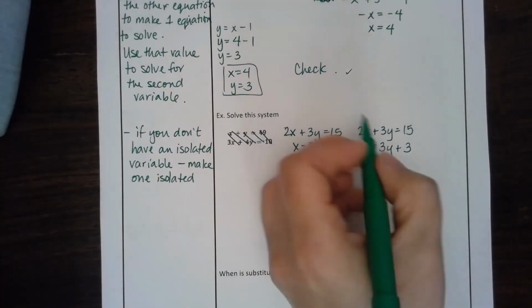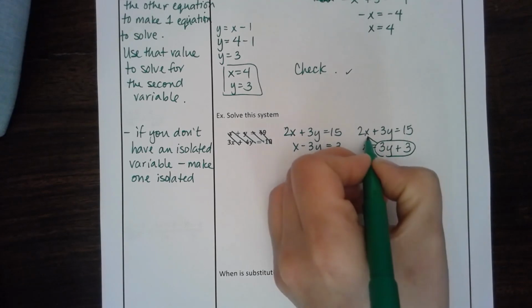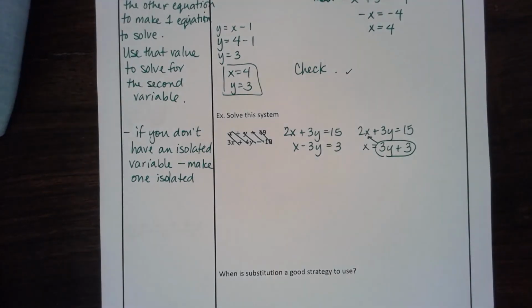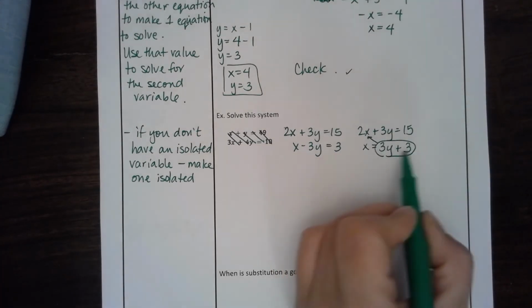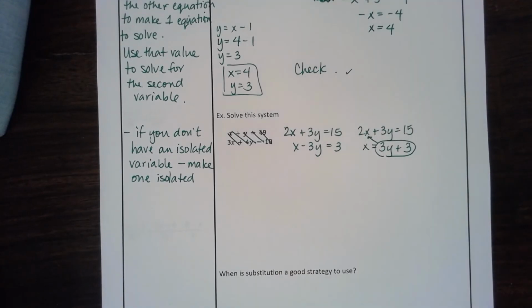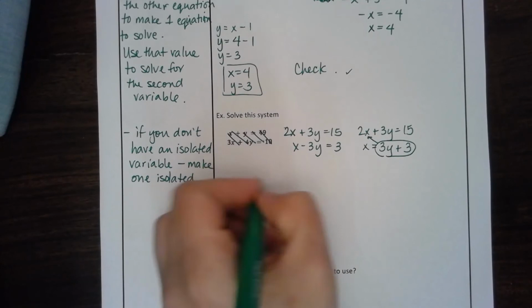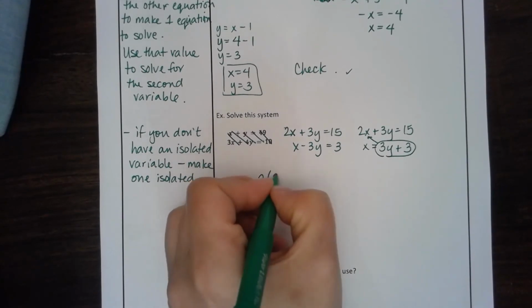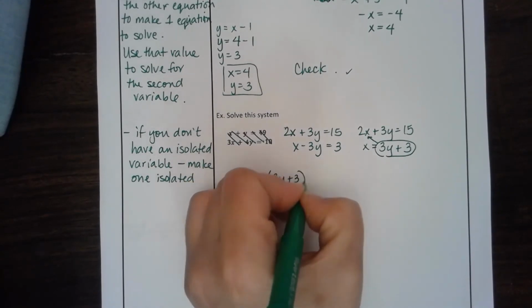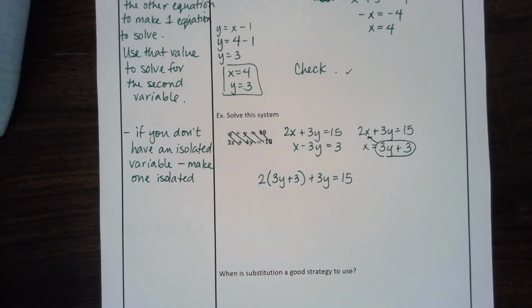Okay, and now what I can do is take this value of x and put it into that variable right there. So it doesn't matter if you can isolate x or y. But as soon as you can isolate one, you can put its value in place of the variable in the other equation. So now this top equation becomes 2 times 3y plus 3 plus 3y equals 15.